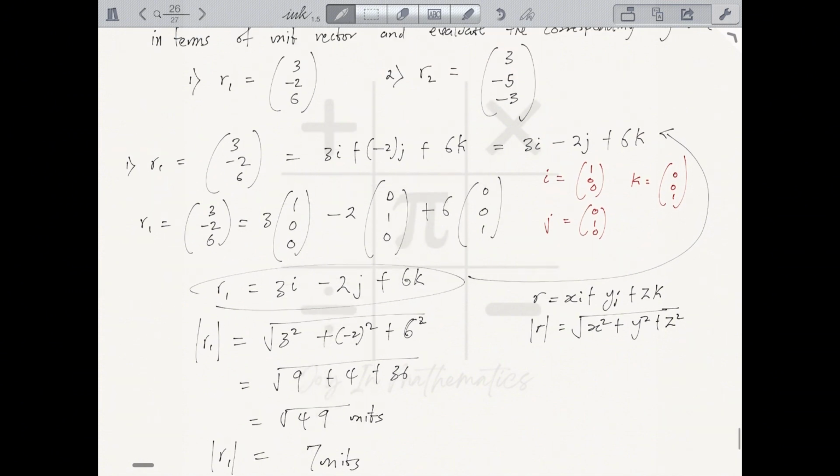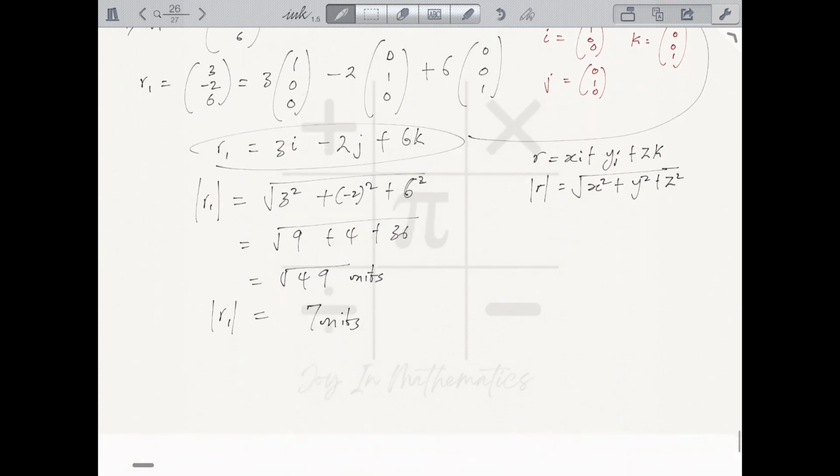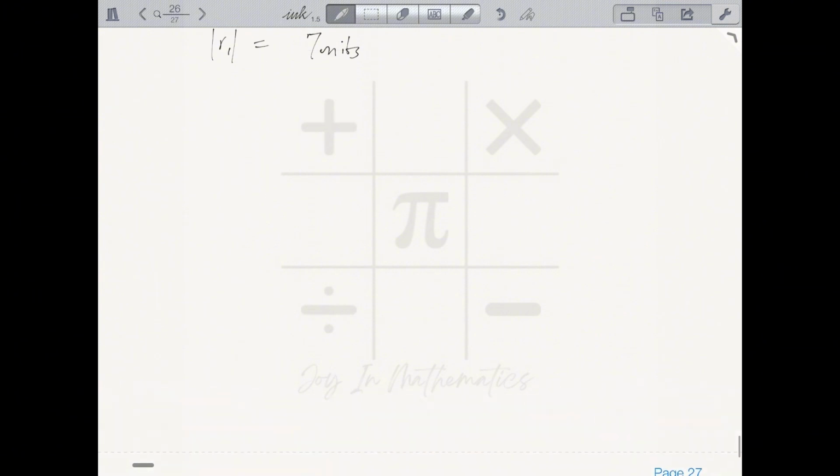Now let's evaluate for r2. r2 is (3, -5, -3).